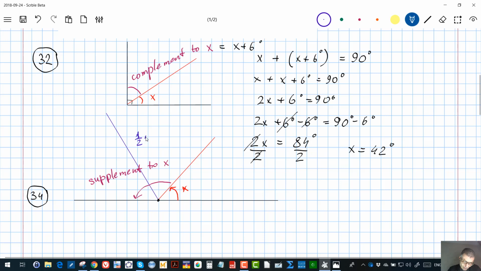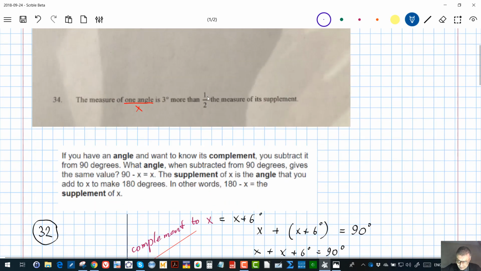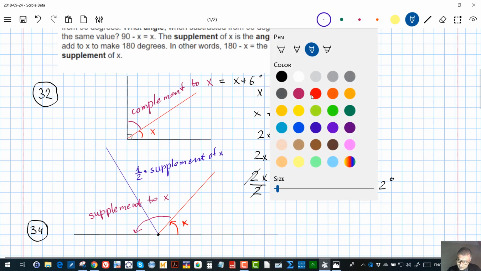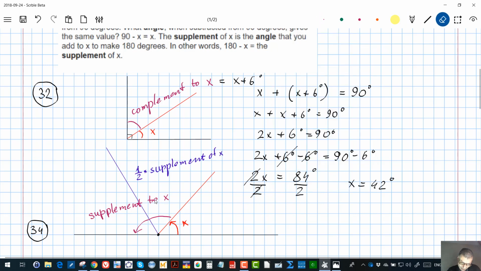1/2 of a supplement to x. The preposition is of. I was wrong. Supplement of x, and here the preposition is of.